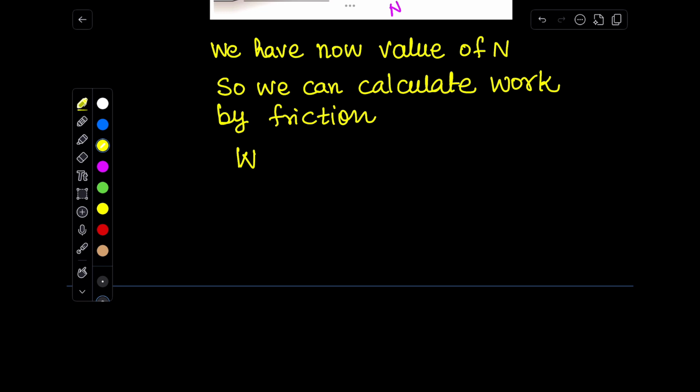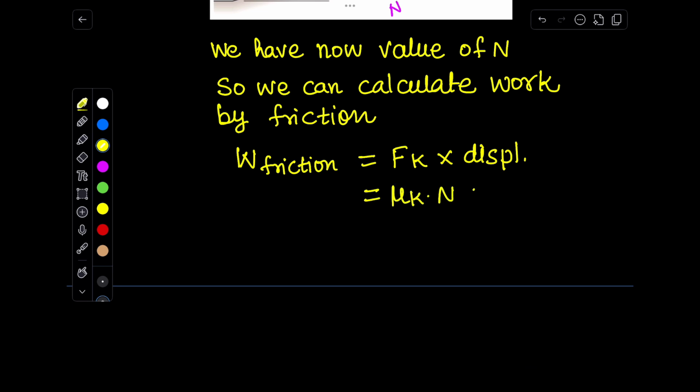And now I will calculate the work due to the friction. So I will write whole equation here, that is Fk multiplied by displacement. We have all values here. We have value for mu k, N, and the displacement.